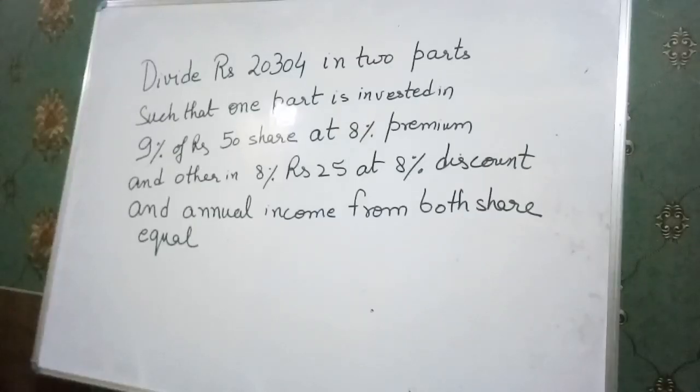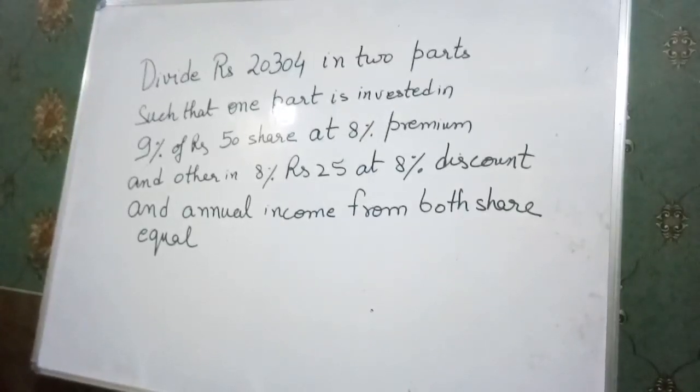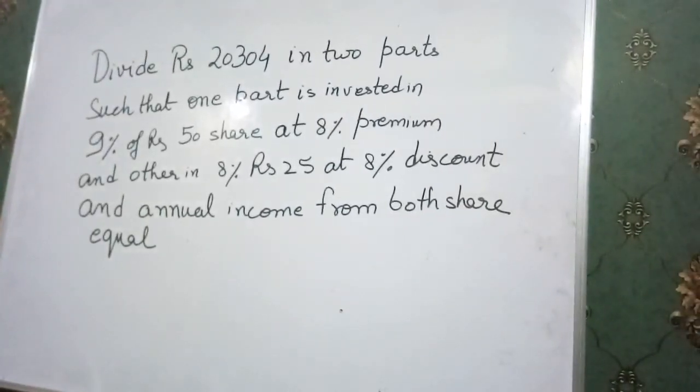Now watch another question on your screen which I have written over here. Firstly, we try to understand what is asked in the question. Divide rupees 20,304 into two parts. That means the shareholder has money of 20,304 and he invested his money in two different shares, such that one part is invested in 9% rupees 50 share at 8% premium.